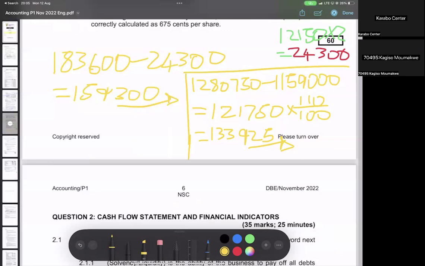You say 1,159,000 minus 133,925, and then you get 1,025,075.